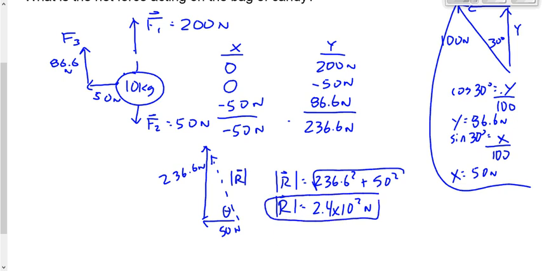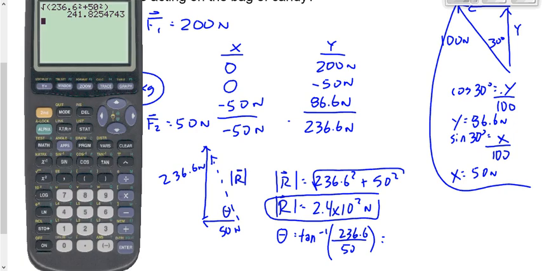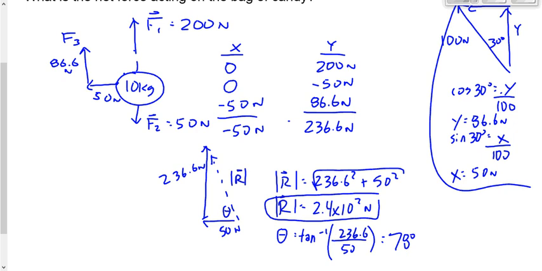And theta is the inverse tan function of opposite over adjacent, in this case 236.6 divided by 50. Theta is going to be 78 degrees. That would be 78 degrees north of west.